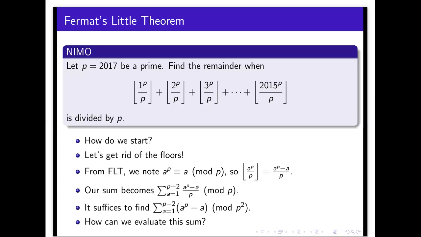If you wanted to use something like Euler's totient, you need an exponent close to a to the phi of p squared, which is a to the p times p minus 1. And right now we only have a to the p minus a, so that's not going to be very helpful right now. Does anyone have any other ideas?